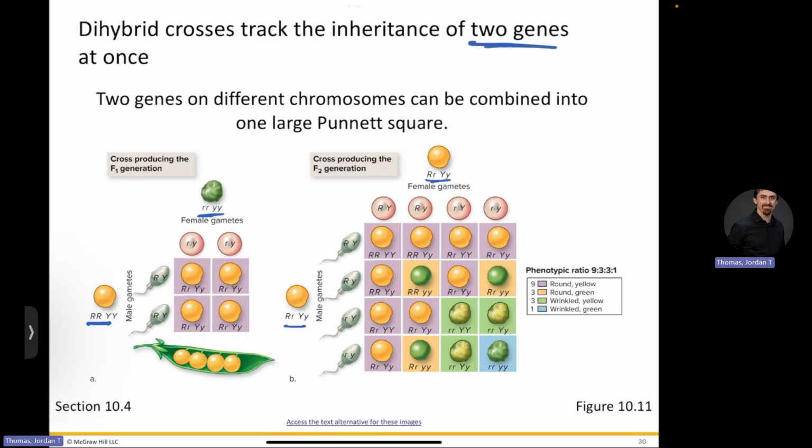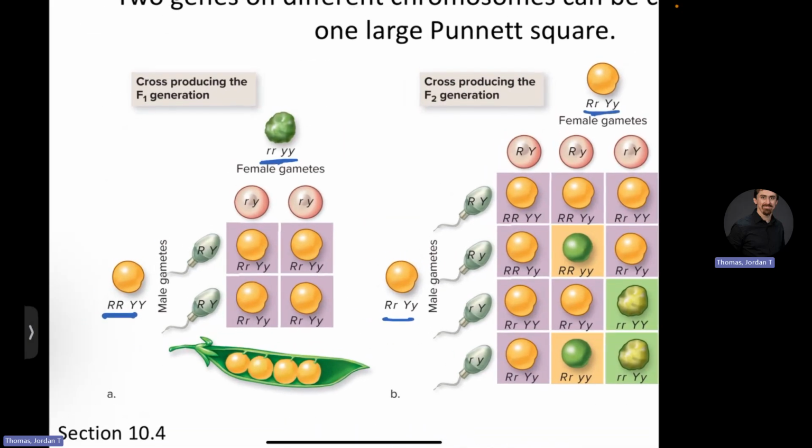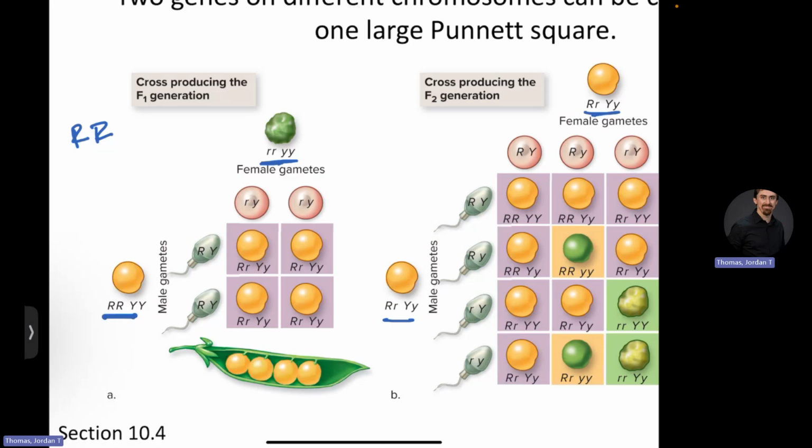So in a dihybrid cross, you're taking all the different ways these alleles can combine. So in this first example, we have little r, little r. So we have big R, and then little r. And then we also have big Y, big Y. Oh, this is a little different.